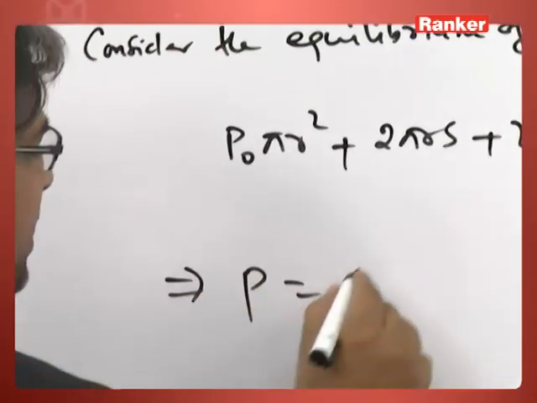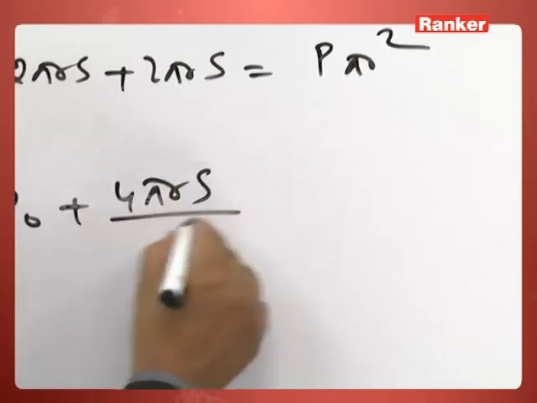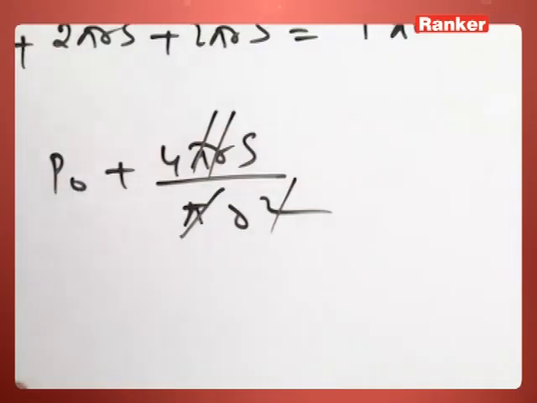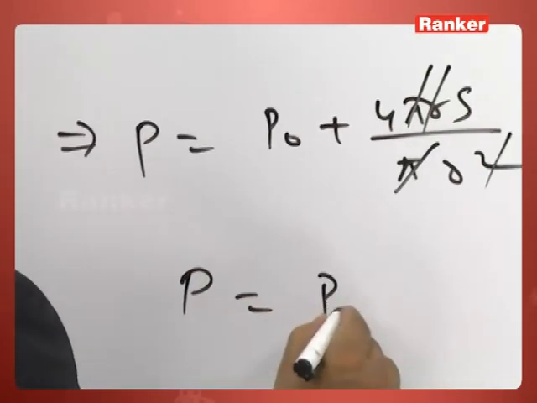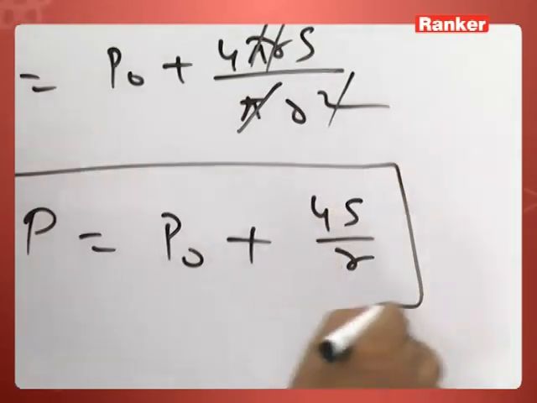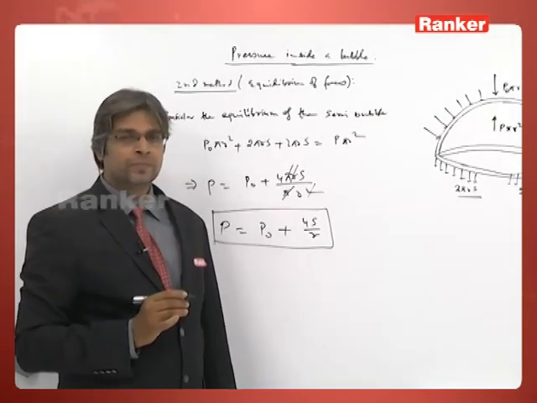This implies P is equal to P naught plus 4 pi r S by pi r square. Pi cancels, one r cancels. So, we have P is equal to P naught plus 4S by r, which is the same result which we got by the excess pressure formula.